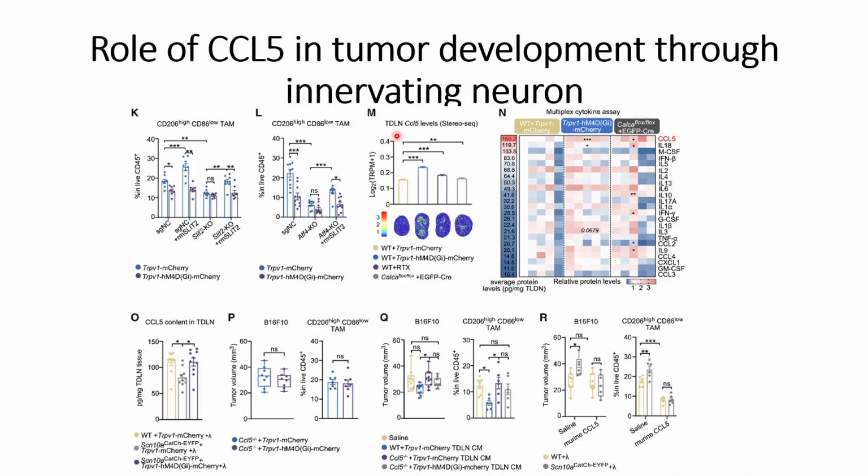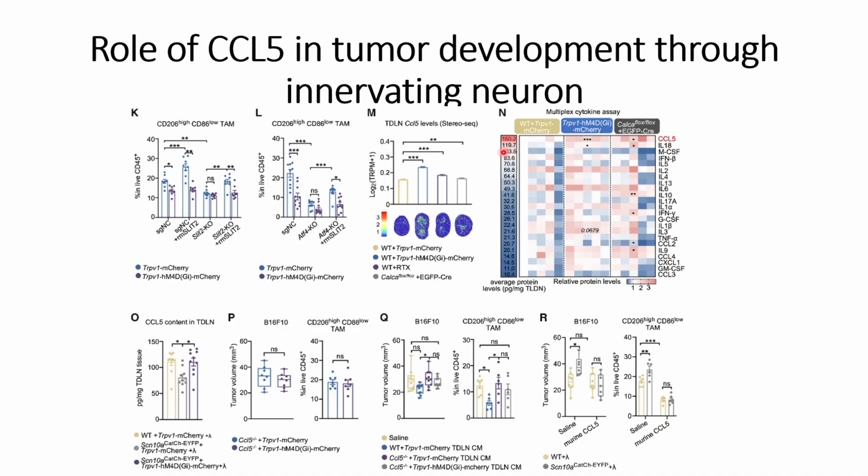From the interaction pairs, they found that it's CCL5 that has the highest interactions. So they investigated based on this CCL5. First they checked the CCL5 level in the stereo-seq analysis at different conditions, and they saw that in the case of chemogenetic inhibitions, there is the highest expression of CCL5 compared to the control and the other conditions.